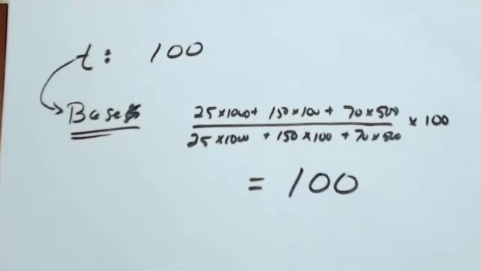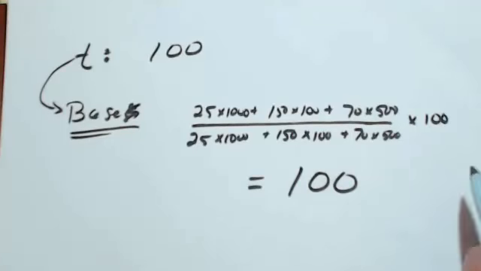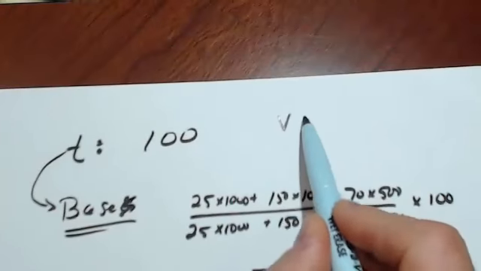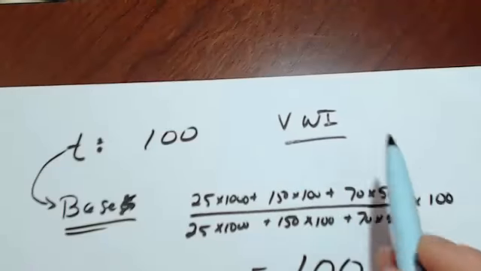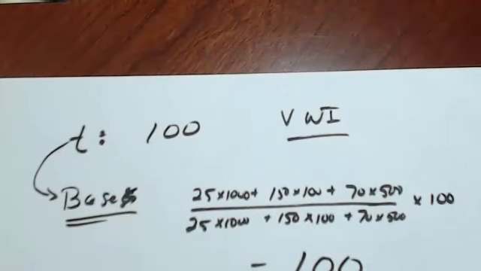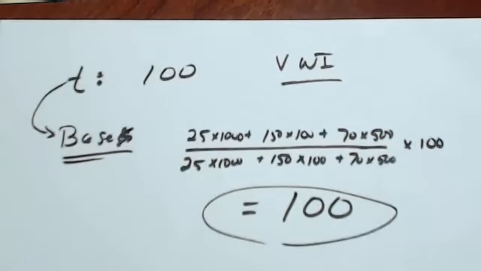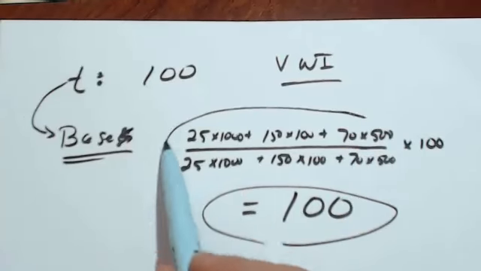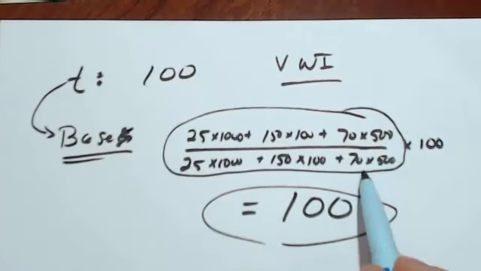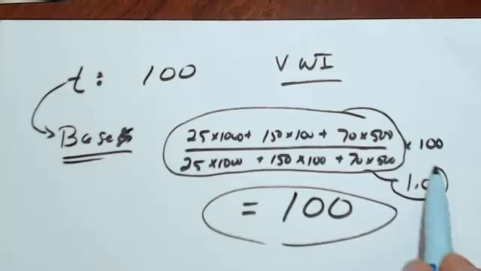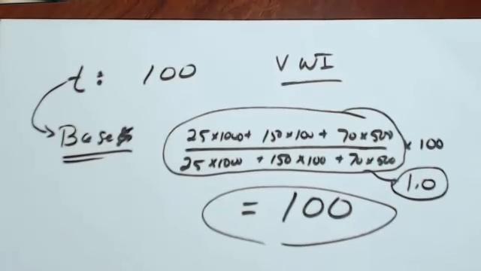And when I do this calculation, now I'm calculating a value weighted index. The value weighted index, when you very first start an index at the base period, at time t in this example, the index starts out at 100 because the top part is equal to the bottom part. So this whole component right here is a 1. It's always that case. It's 1.0 when you first start an index.